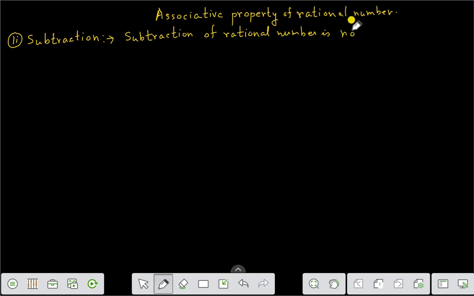Subtraction of rational number is not associative.